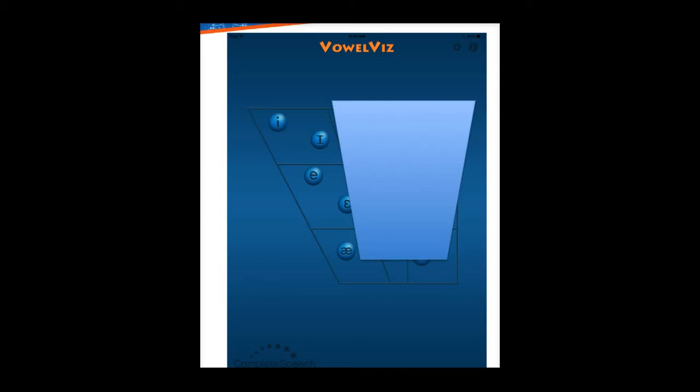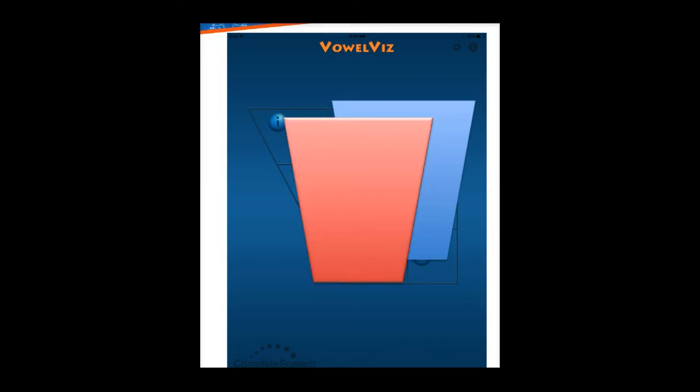This blue quadrilateral represents the range of a male with a deep voice. This shape is fairly similar to my personal range. As you can see, it does not go as far forward towards the high front vowels as some other speakers may go. If this is the range for a woman who has a higher pitched voice, you can see that her personal quadrilateral is lower and farther forward in the quadrilateral than the blue.